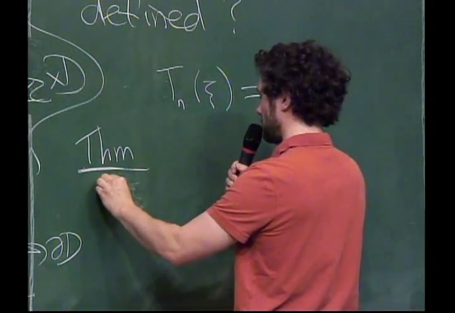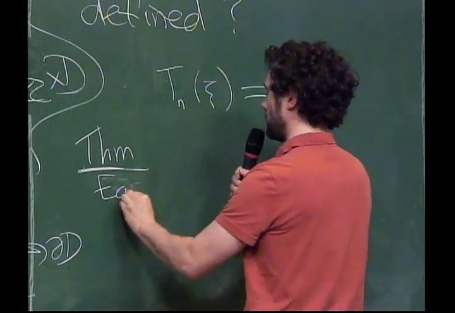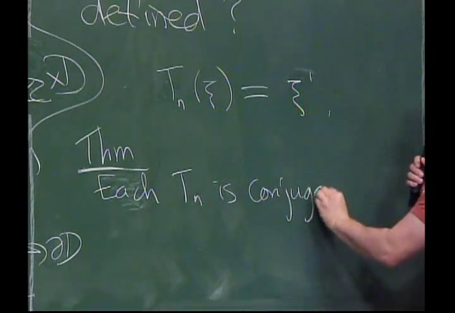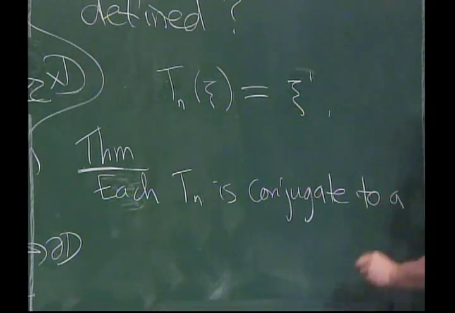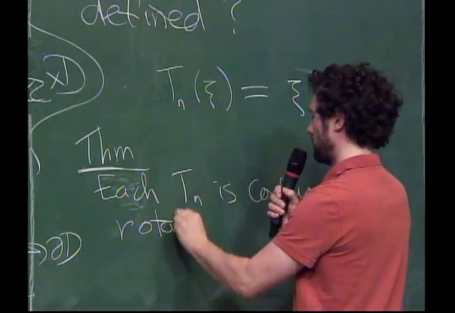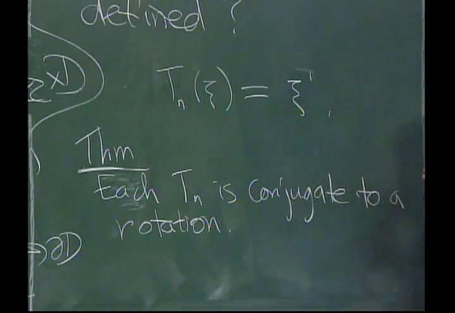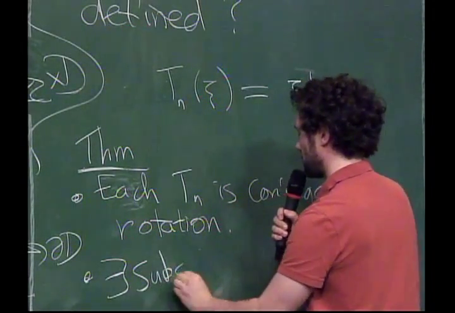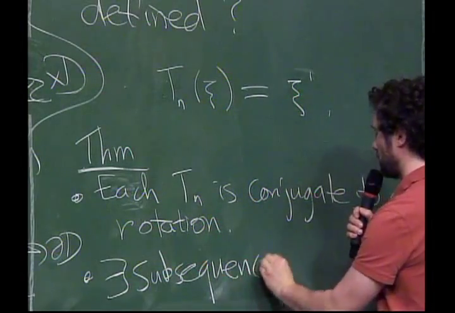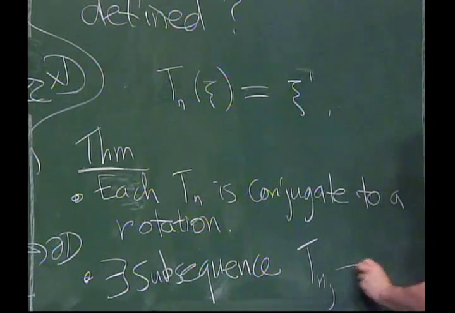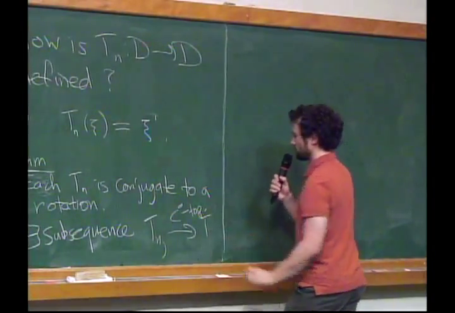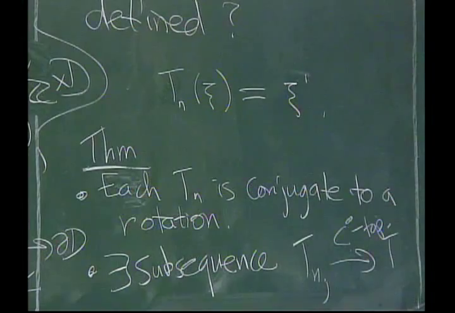So each T_n is conjugate to a rotation, and there exists a subsequence T_{n_j} converging to T in just the C0 topology. Okay, so then the question is, how about the derivatives of these maps here?